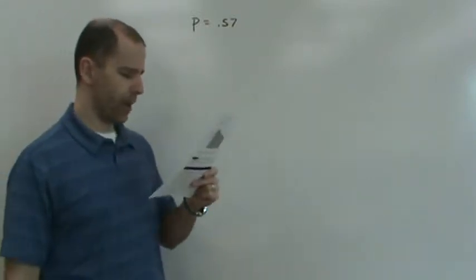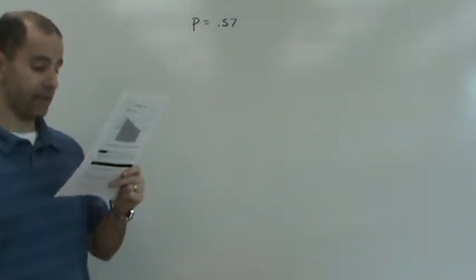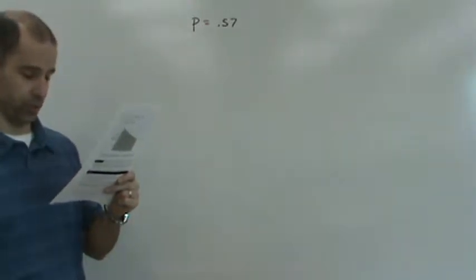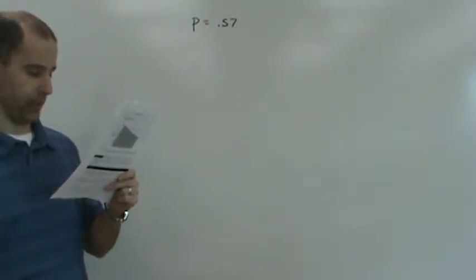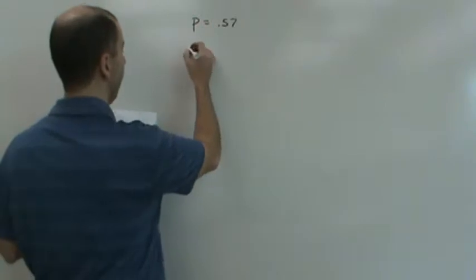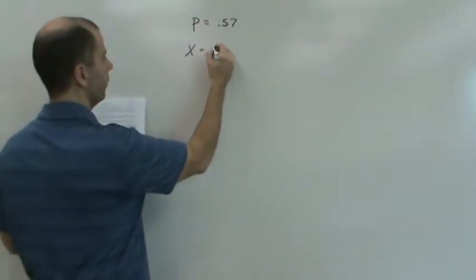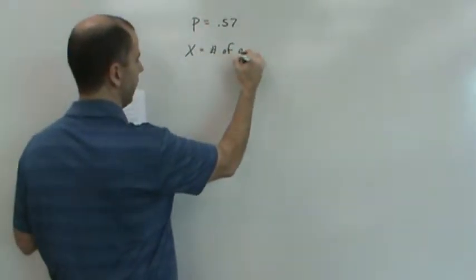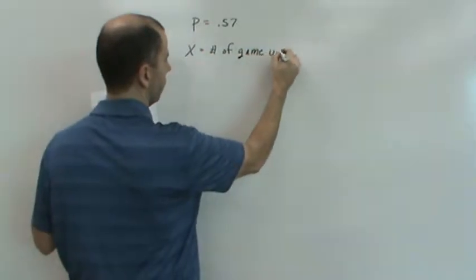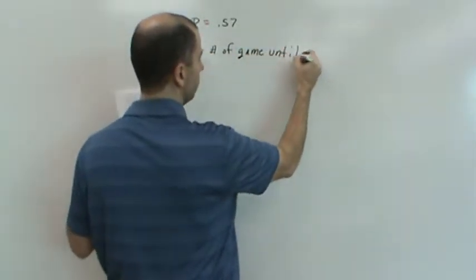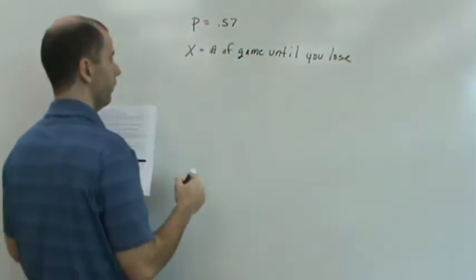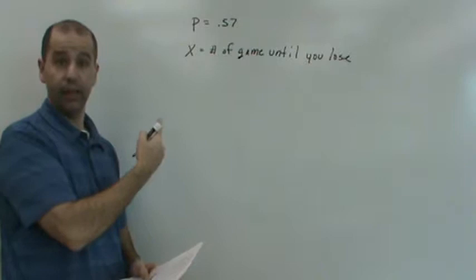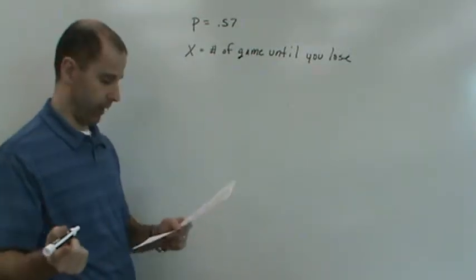They're asking, what is the probability that it takes 5 games until you lose? Let X be the number of games you play until you lose. So X equals the number of games until you lose. That fits the definition of X for geometric, right?